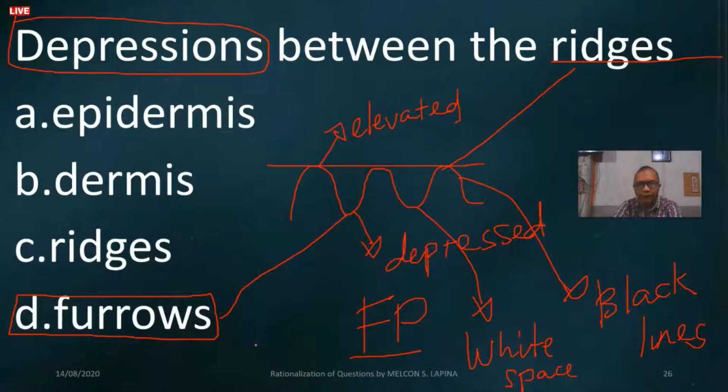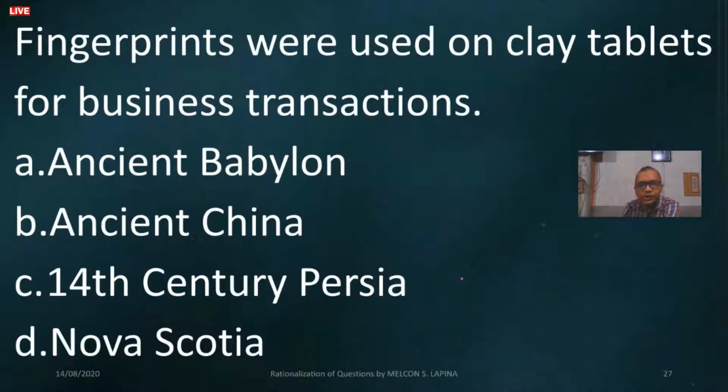Okay, let us continue with number 27. Fingerprints were used on clay tablets for business transactions. So this is a matter of history. So ancient Babylon, ancient China, 4th century Persia, or Nova Scotia.